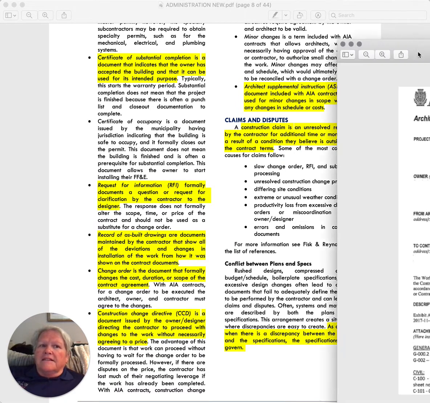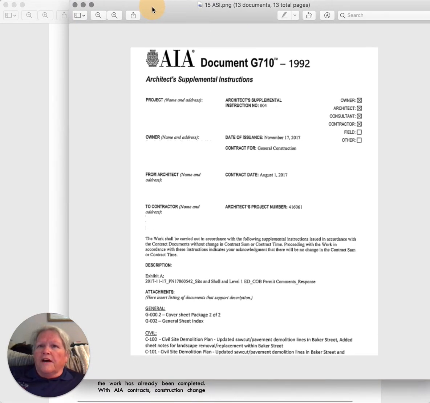Now, I say this qualifyingly, in that I've seen it more and more prevalent in our business that these are used even when there are cost and time changes required because of what's being asked for. So not everybody is adhering to the specific originally agreed upon definition of an ASI. So you need to be aware of that.